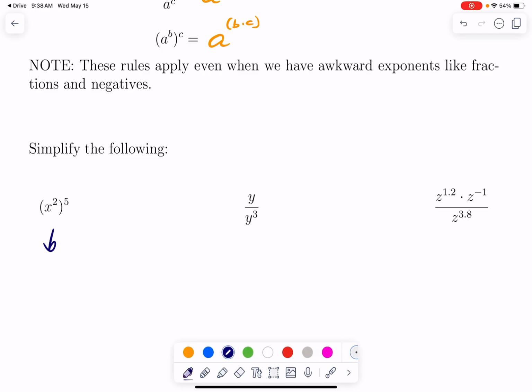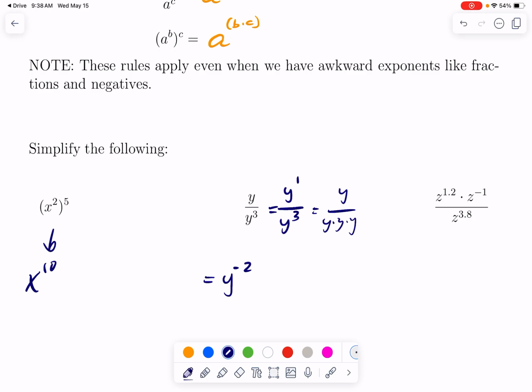For this first one, it's just x to the 10th, because there's a multiplication rule. Here we could view this as y to the first over y to the third. By the subtraction rule, that's y to the negative 2. But if you were to cancel, you might notice that's actually the same as 1 over y squared.